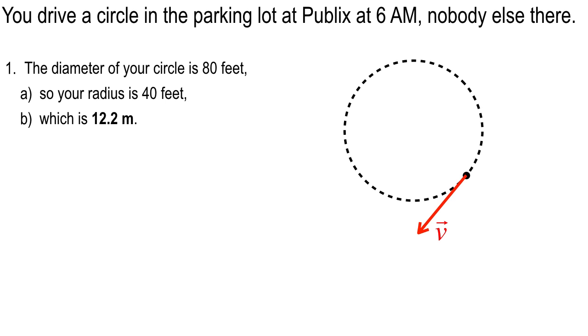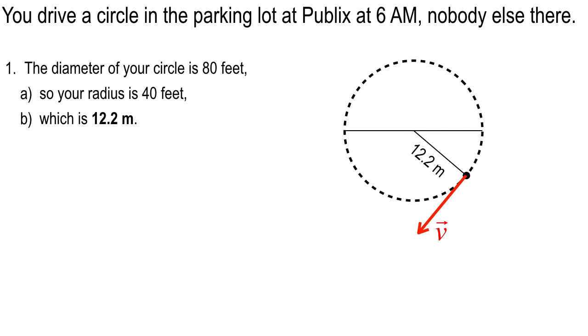All right, so there's your circle. So you're out in the Publix parking lot. Yeah, this is a realistic circle. You could do this. And go ahead and put a dot down here. I got mine down in the southeast quadrant of my circle. And I'm going clockwise.